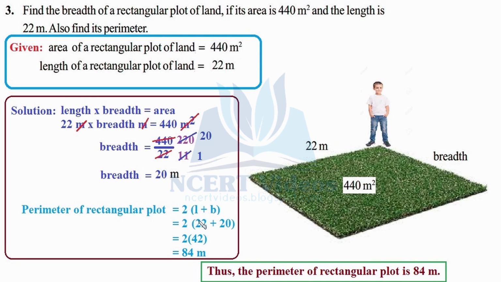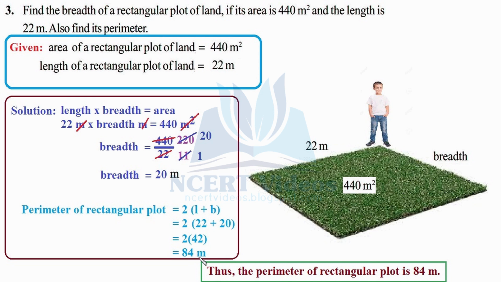You can also write them while calculating, but in bigger calculations it is easier to not write them and just fix it later when you get your answer. So 2 into 42, 22 plus 20 is 42, multiply by 2: 4 twos are 8, 84 meter.